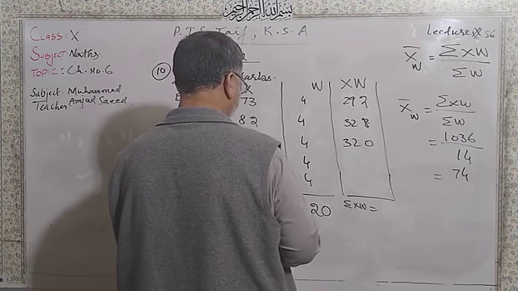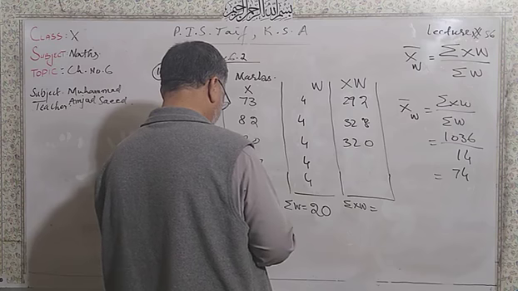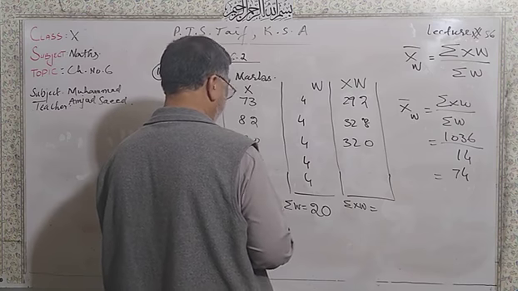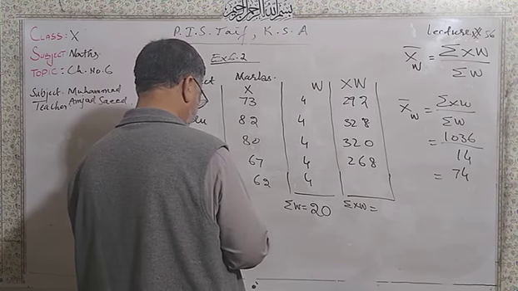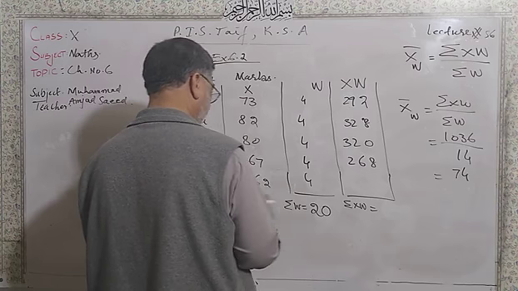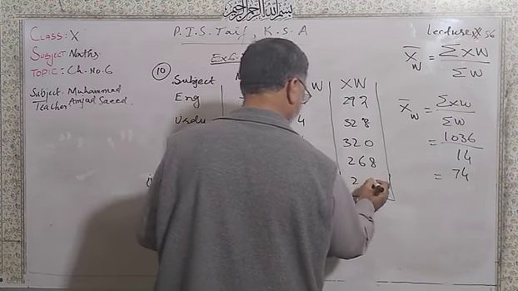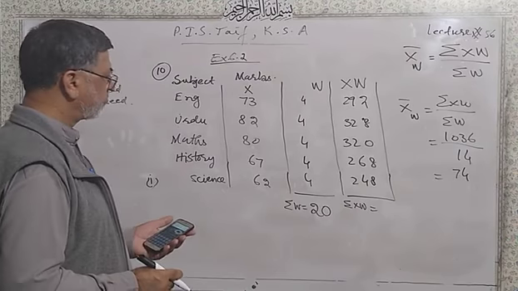Then 67 multiplied by 4 will be 268, and then 62 multiplied by 4 is 248.